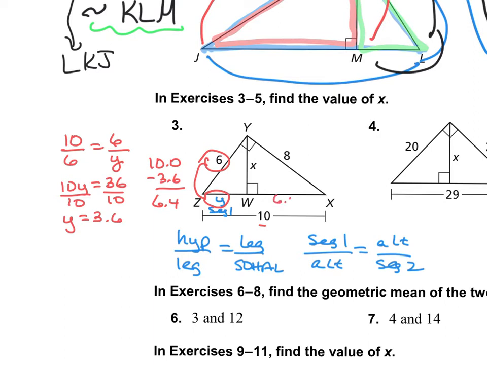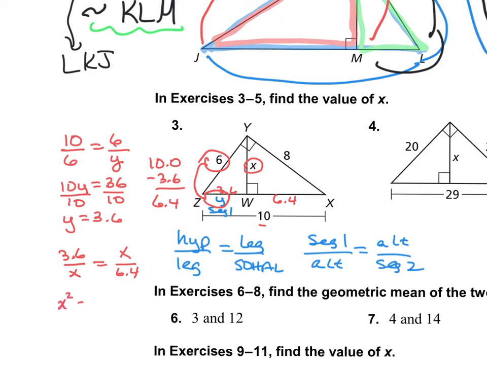Now I can use the other proportion. I'm going to do segment 1, which is 3.6, over my altitude, which is x, equals x over segment 2.